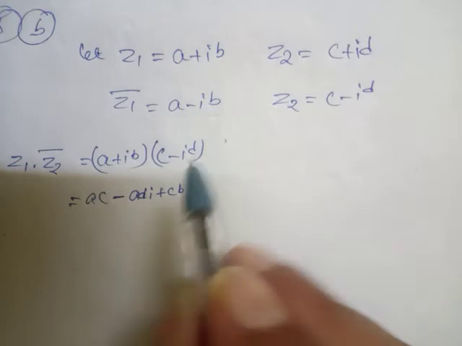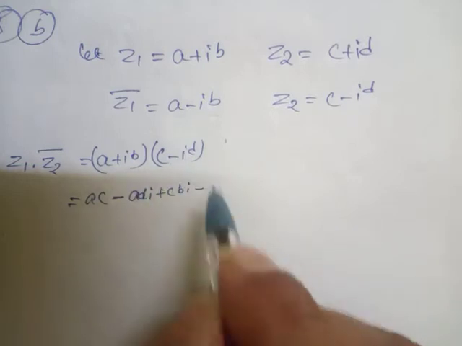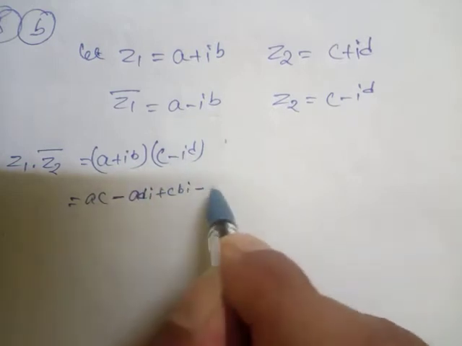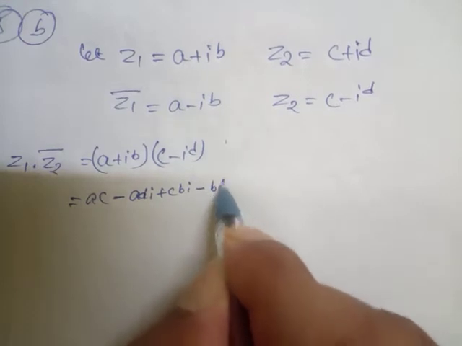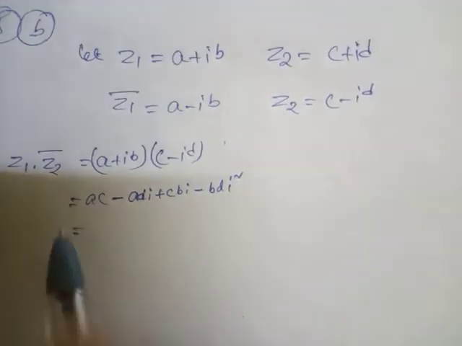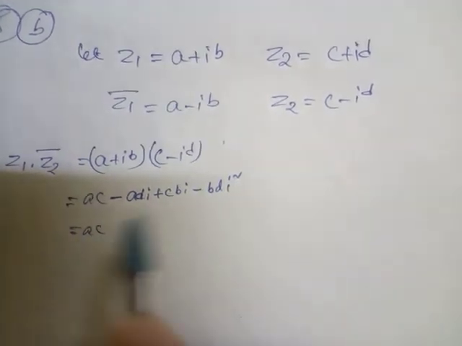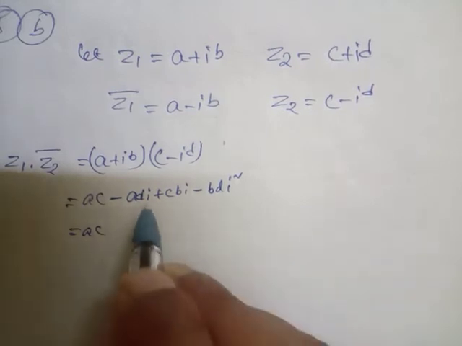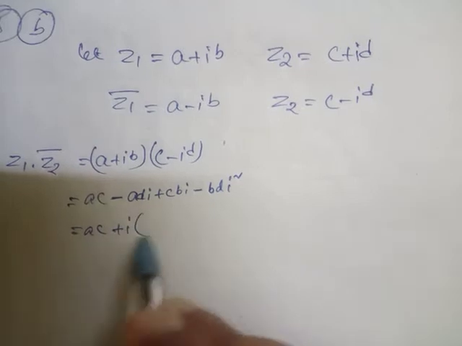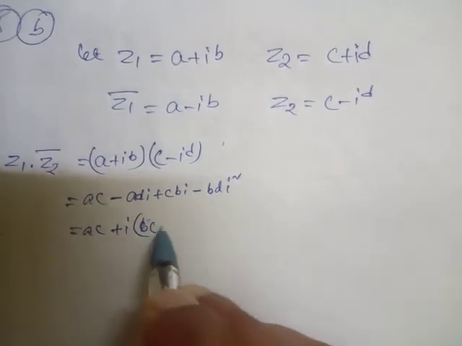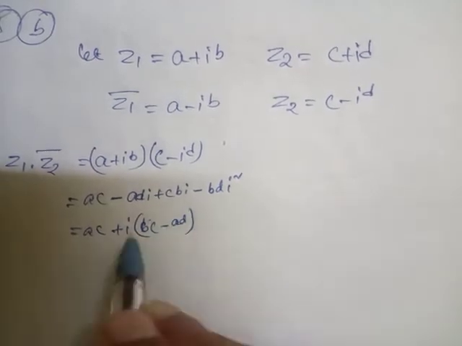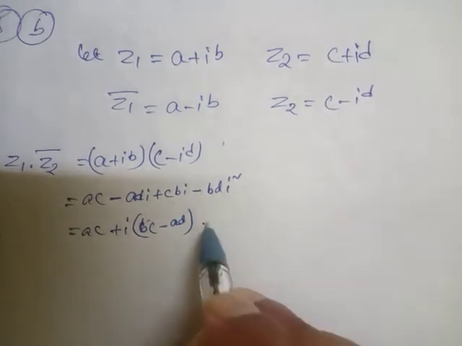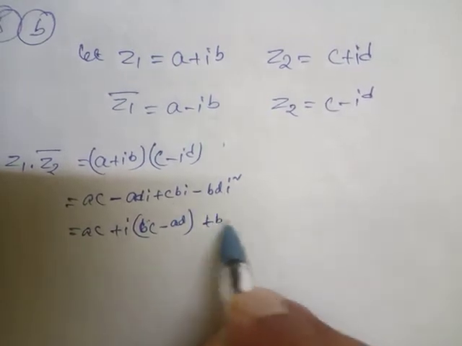Next minus IBDI square. So there is AC, and here if I take I common, then BC minus AD. If I take I common here, and there is I square is minus 1, minus plus, so it becomes BD.